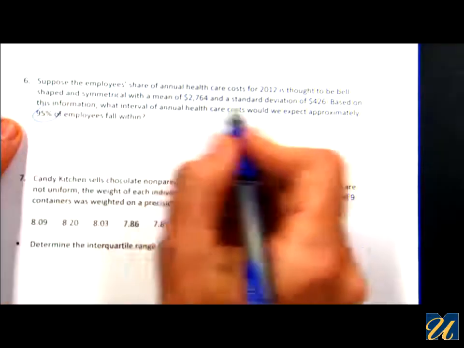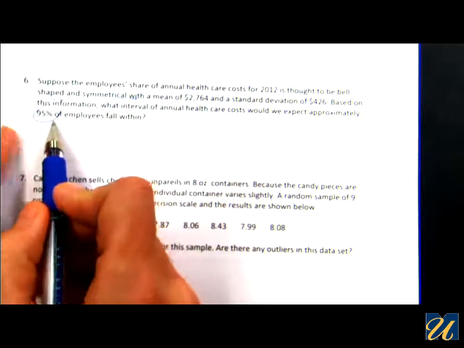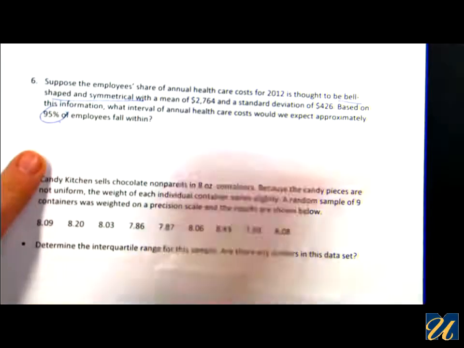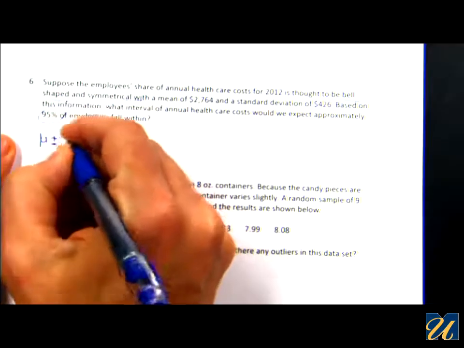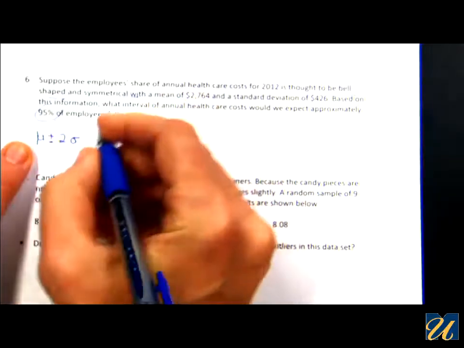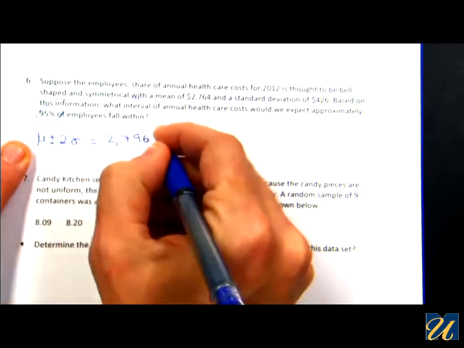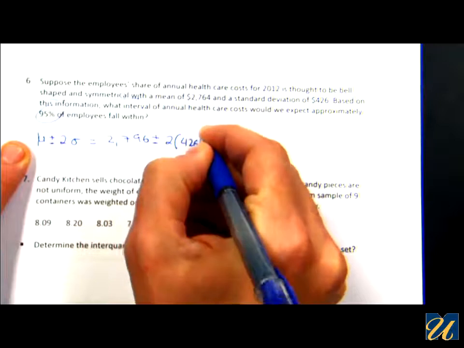So we have a bell-shaped distribution, symmetric. I'm looking for 95%. Therefore, we know we will be using the empirical rule. The empirical rule will be mu plus minus 2 standard deviations because I have a 95%. So based on that, mu is 2,796 plus minus 2 times 426.